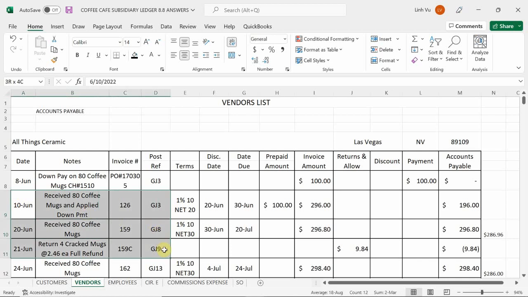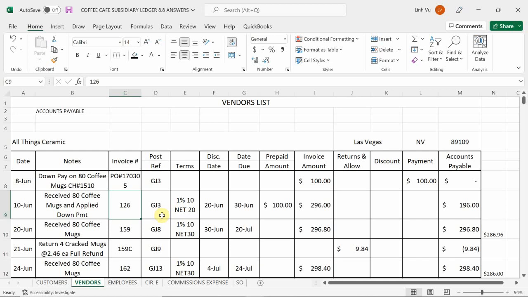So here we have a few things. For invoice number 126, we had a prepayment. The total here was $296, with the $100 down payment. So you owe $196 for the very first one.